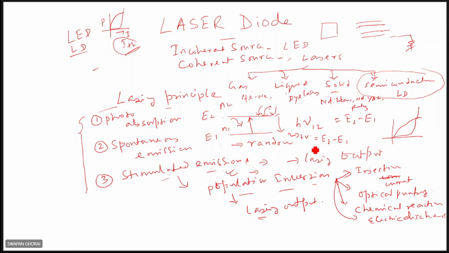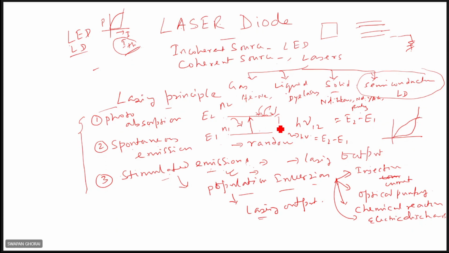Because of this absorption of photons, as per Planck's law, the electron will be excited to the upper energy state. Since there are only two states, the transitions will occur between the two states.